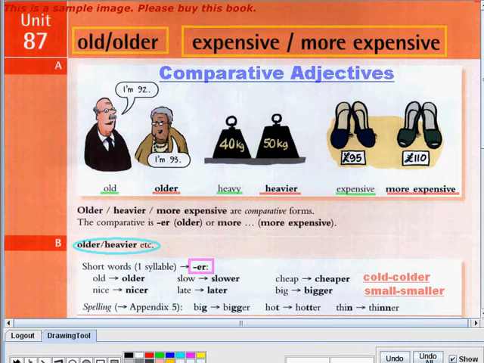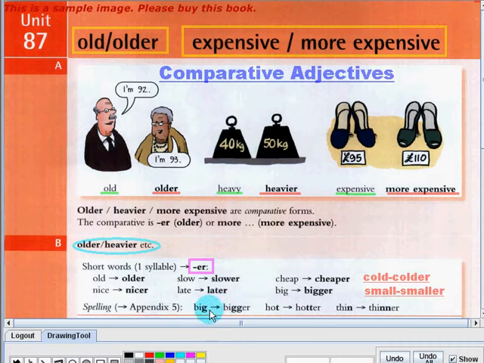Let's have more examples, like the words cold, colder, small, smaller. Let's have another rule. Second rule: if an adjective ends with a consonant, vowel, consonant, then the last consonant is doubled, like in the sample here.